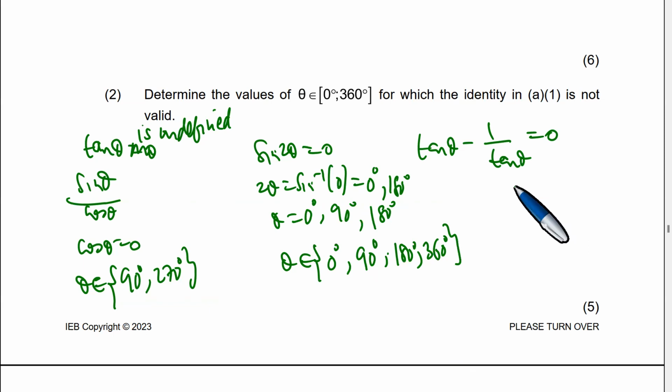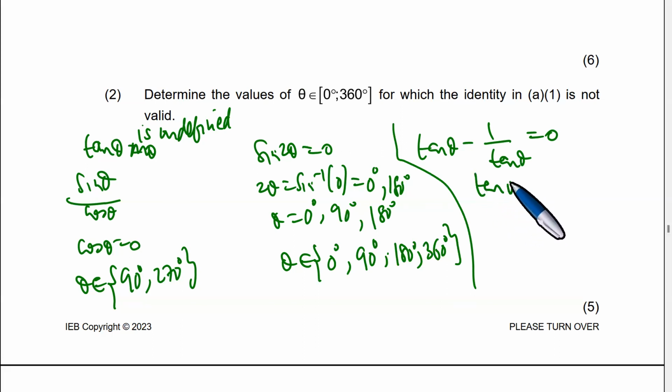Okay, when is this one undefined? This one will be undefined at a couple of things. Or when will these become 0? You need to solve just this equation straight away to find the values of theta.